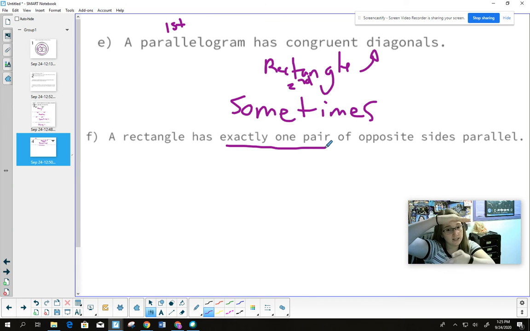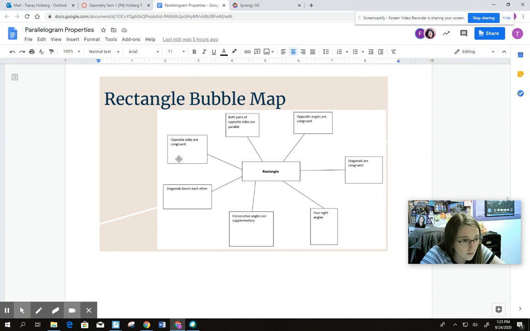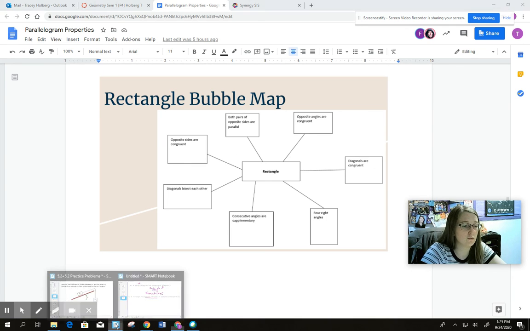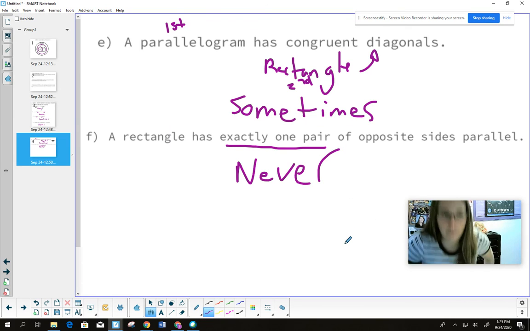Only one pair means just these sides, not necessarily these ones. This cannot be true. If we look at the rectangle properties, where does it say both pairs of opposite sides are parallel? Not just one pair, but both pairs. So this has to be never. That is never true because we have to have both sides parallel.